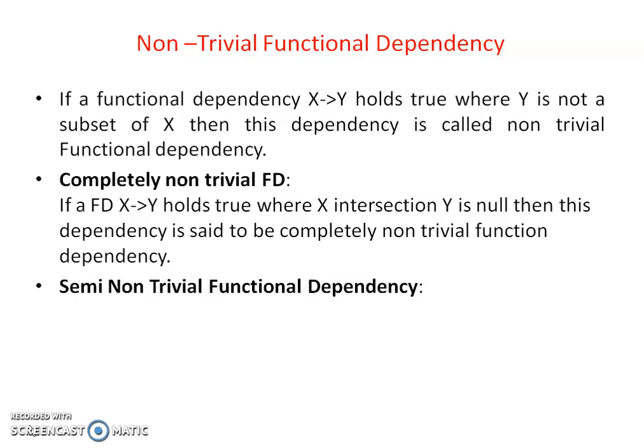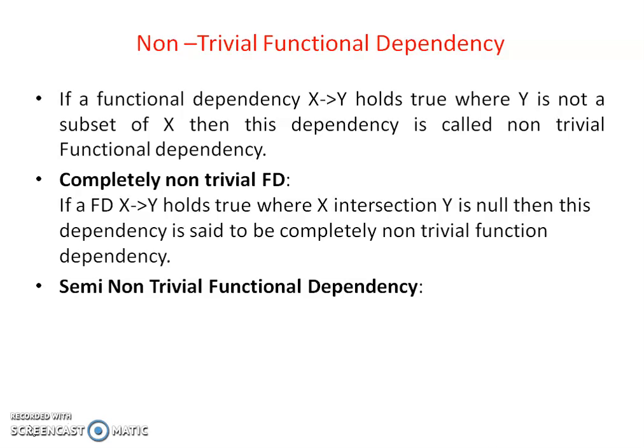What happens in complete non-trivial functional dependency? If none of the right hand side attributes of the functional dependency are part of the left hand side, for example student ID determines student name, it means the values of the student name attribute are totally different from the values of student ID in any relation.